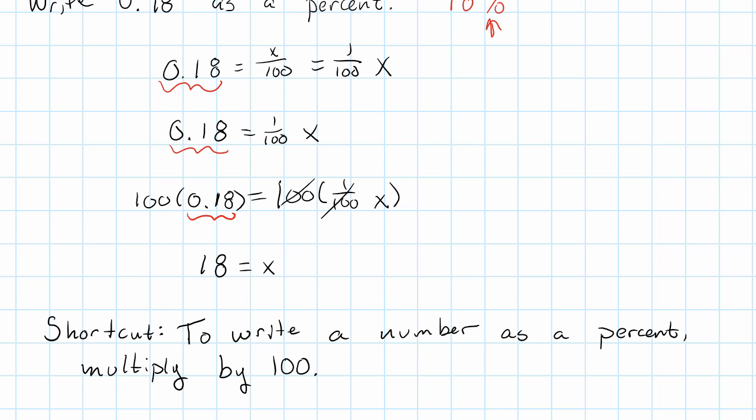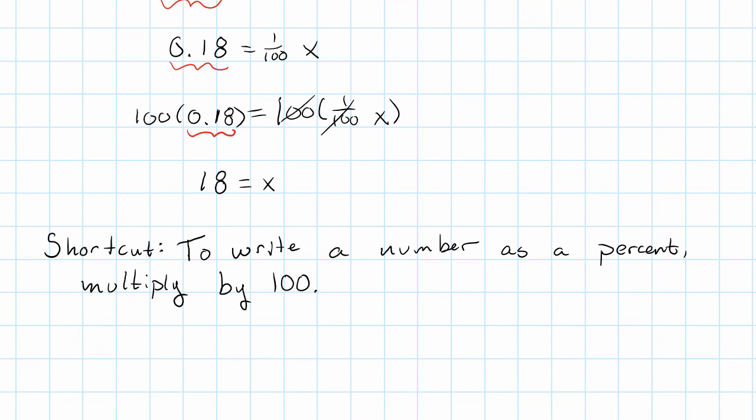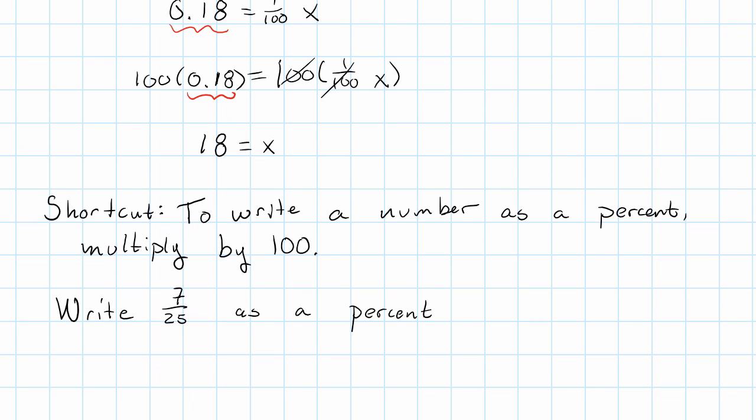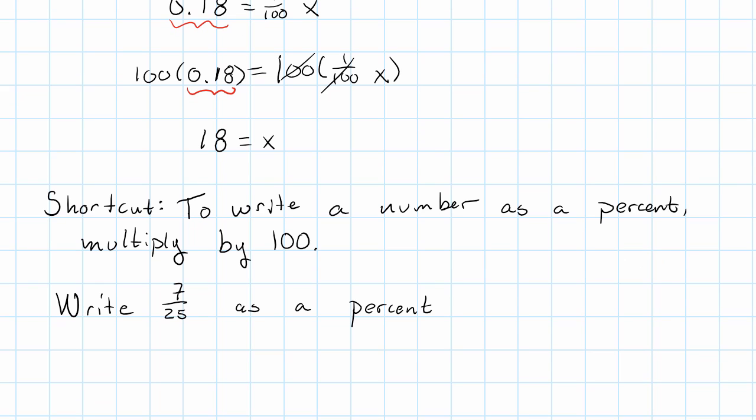The same process works with a fraction. If we want to write 7/25ths as a percent, well, we'll just take 7/25ths times 100. We want to do fraction arithmetic, so we'll write it as 100 over 1. That'll be 7 times 100 is 700/25ths.